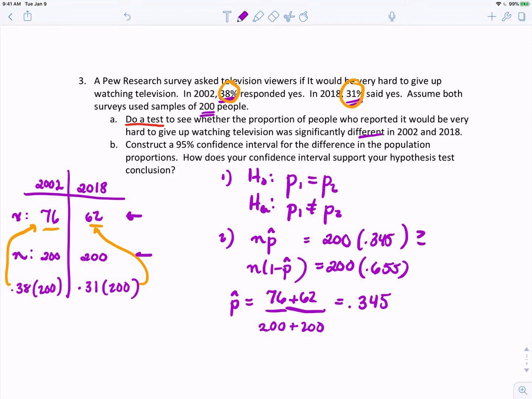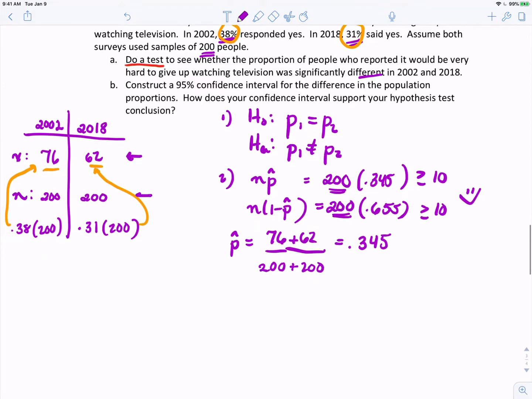You can take out a calculator or use your good number sense to show that those are both greater than 10. Notice that we only had to do one line because both samples have a size of 200. If one of the sizes was different, we would have to show the central limit theorem for the other sample size as well.